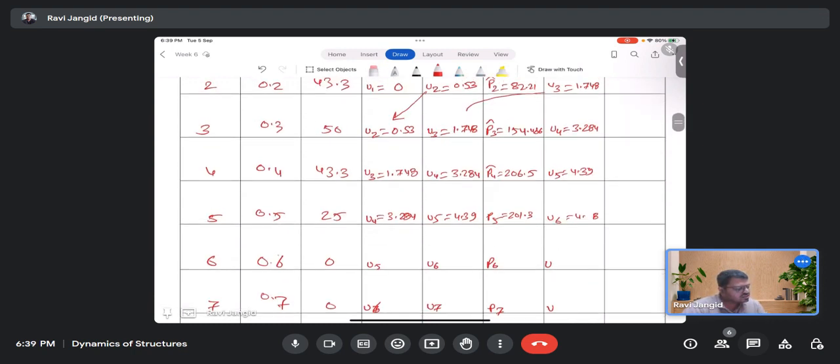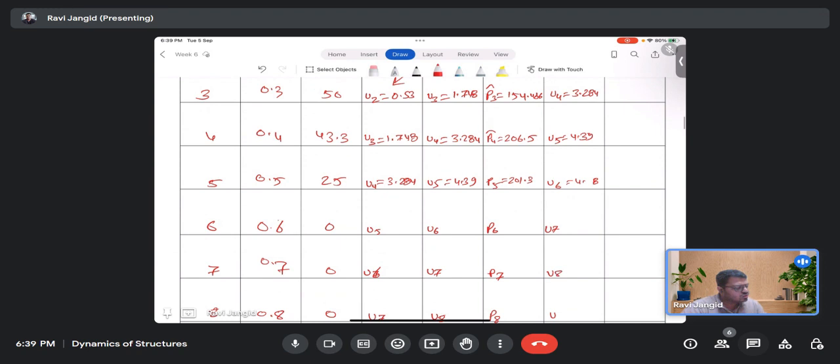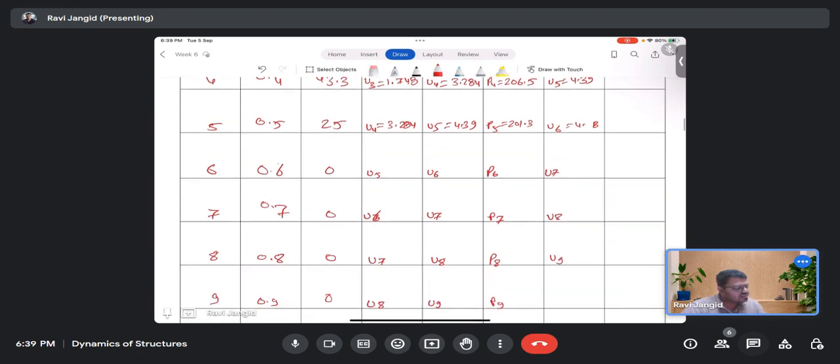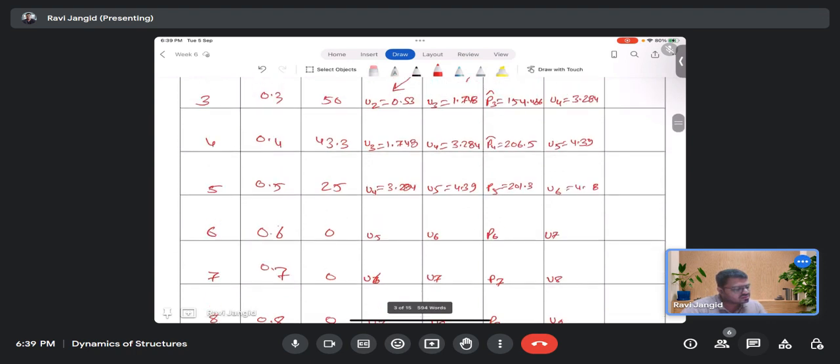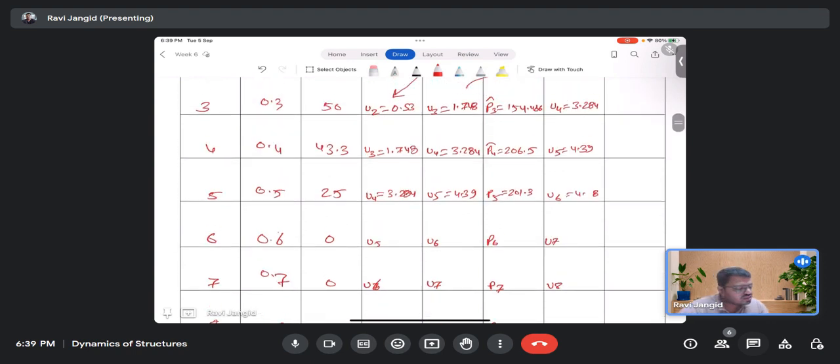That would be u6, u7, u8, u9, u10, u11. So u6 is coming out to be 4.28. Now u5 is 4.39. So u6 is 4.28.